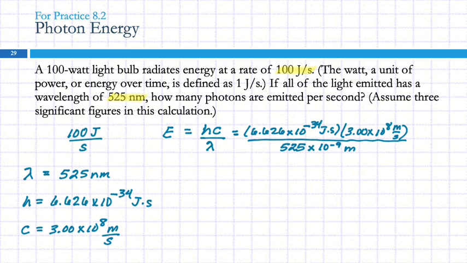If I check my units, the seconds cancel, the meters cancel, and I end up with joules. So the energy will be 3.7863 times 10 to the minus 19 joules. That is equal to the energy of one photon.